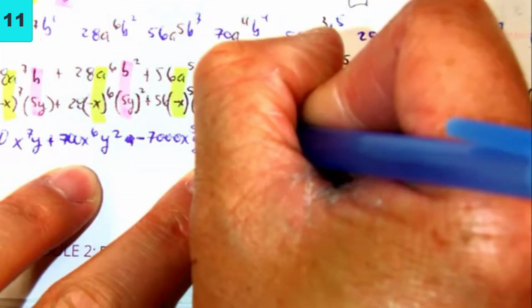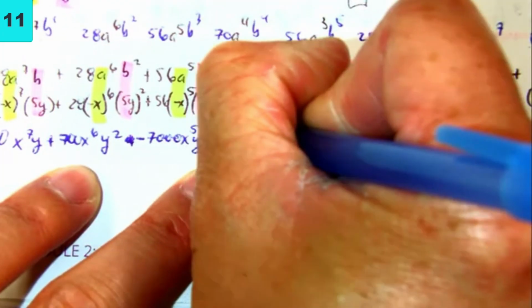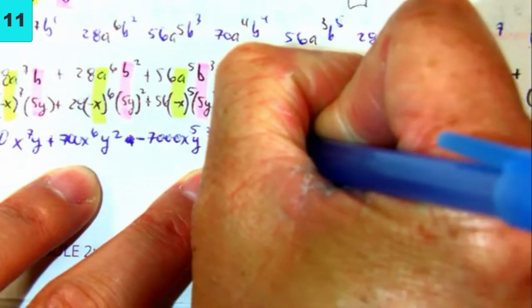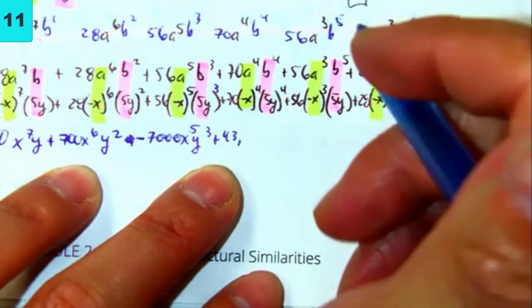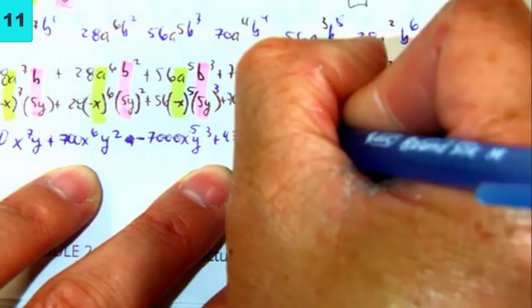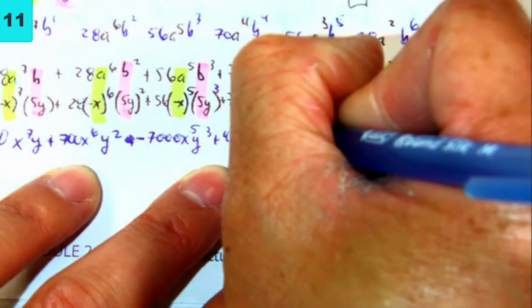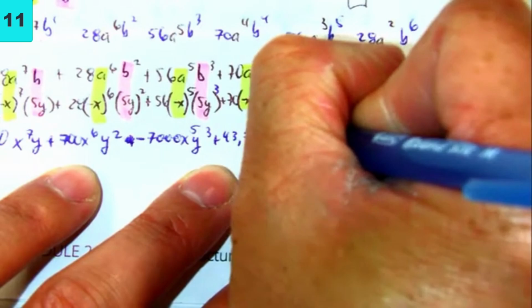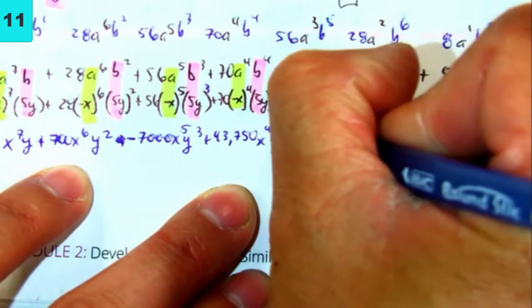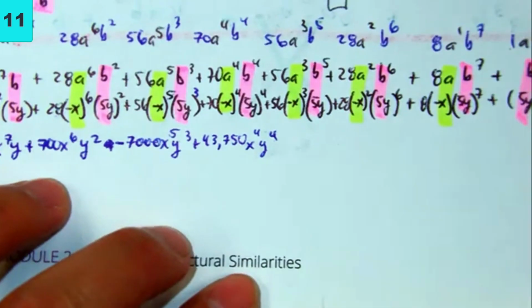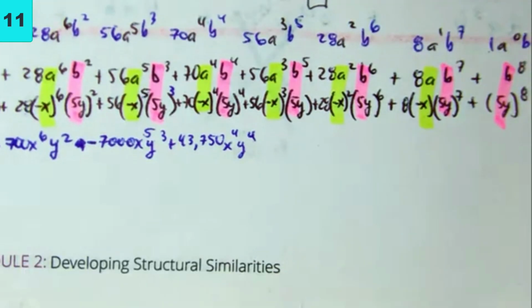Positive or negative? 43,000. X to the, Y to the is correct. Melissa?